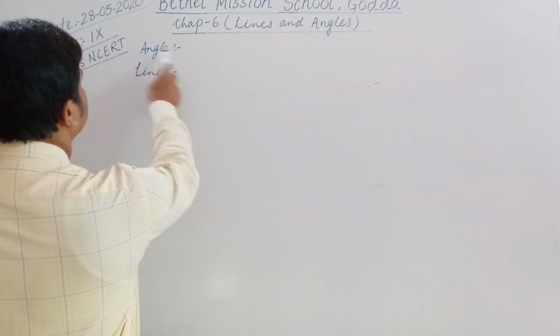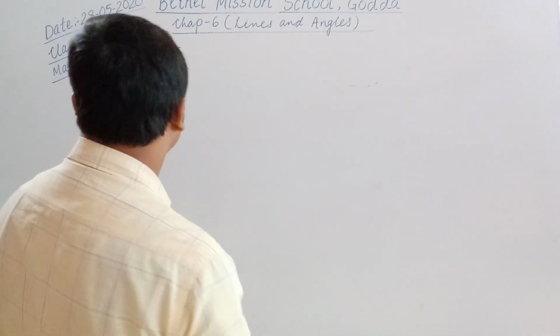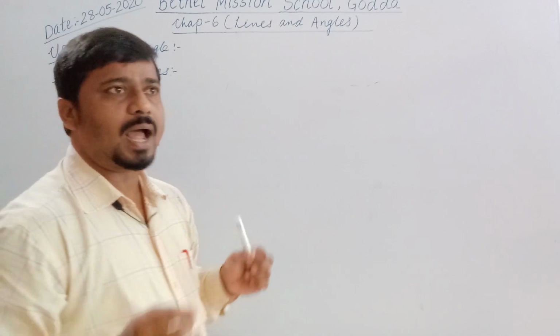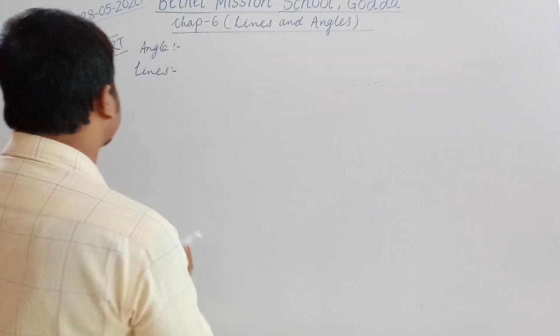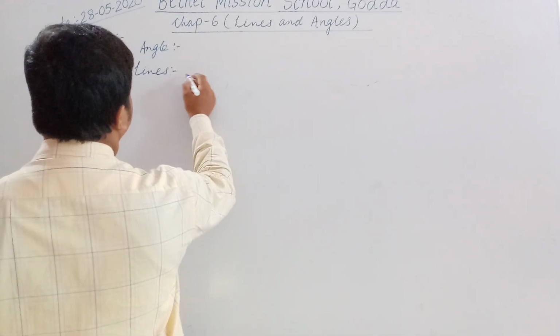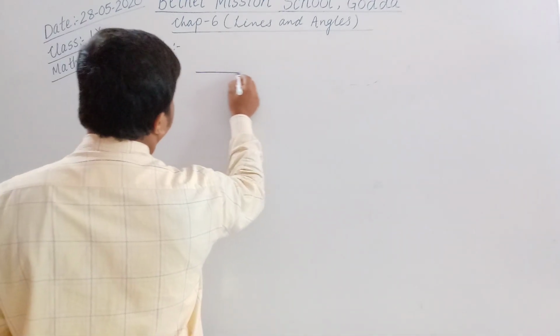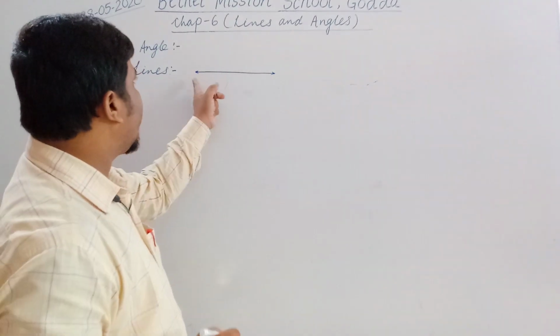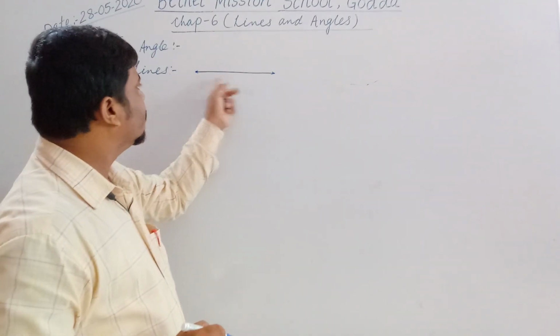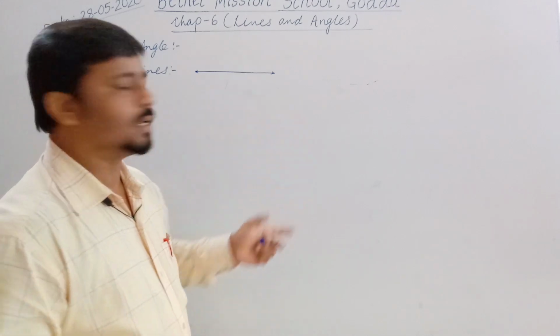First of all, we should know what lines are. You know that a diagram which has no endpoints, like this one with an arrow on both sides, means it is endless on both sides. There is no end.